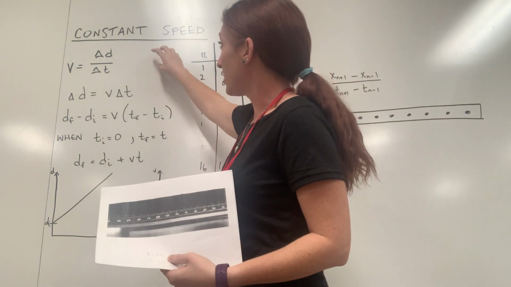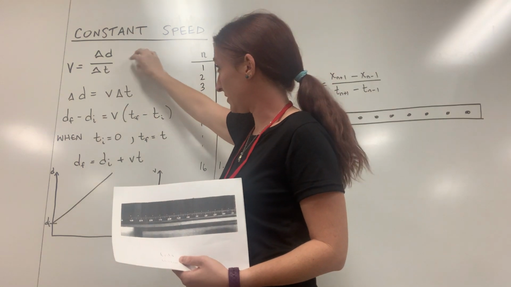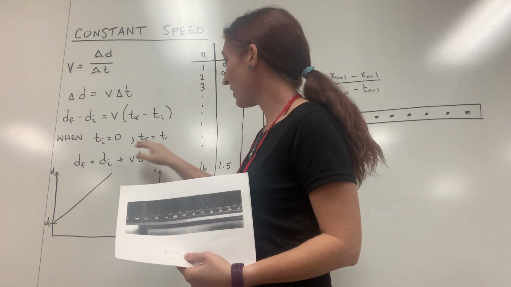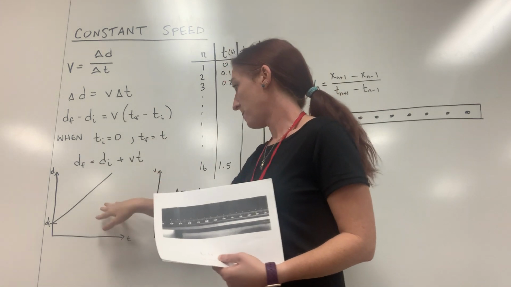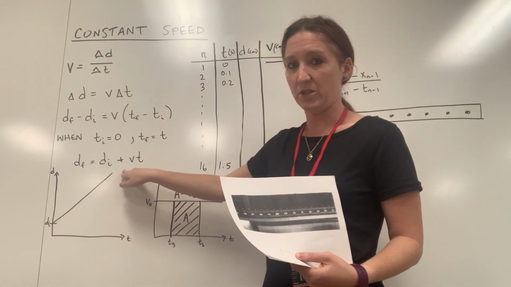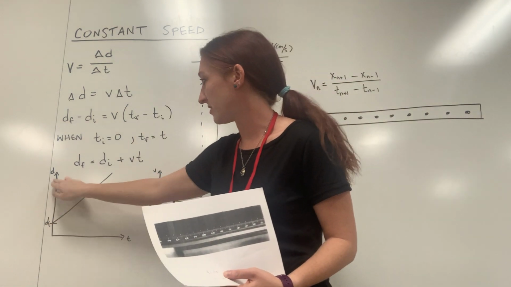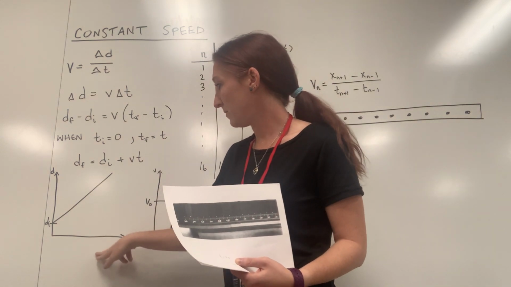So we're using our theory, again, constant velocity, change in distance over change in time. We're assuming we're starting at a time of 0. We're going to see a linear relationship. Regardless of our distance, we are going to be using the same time step each time.